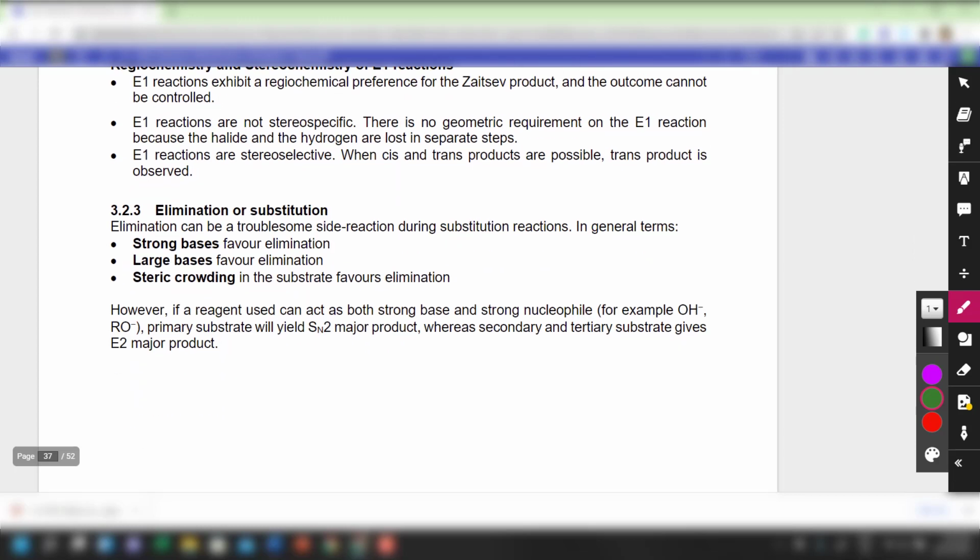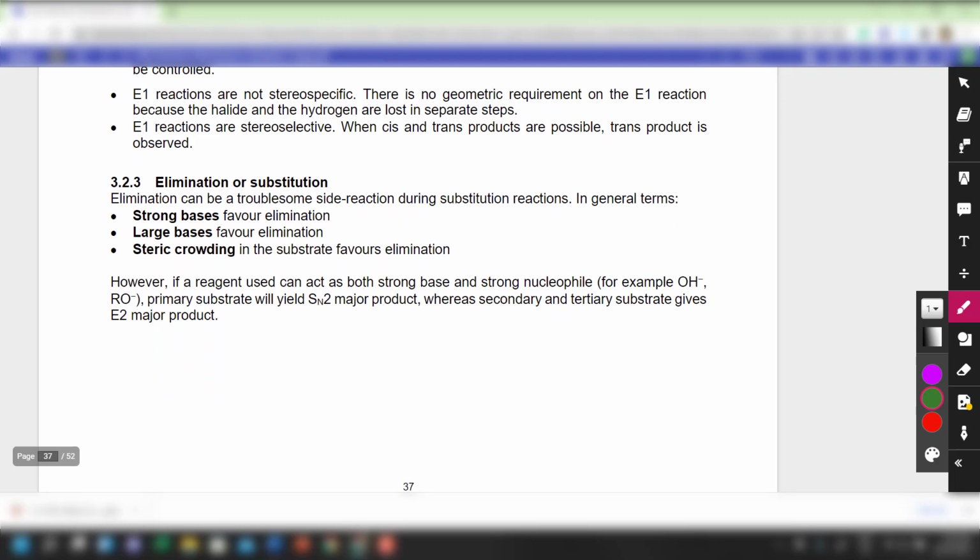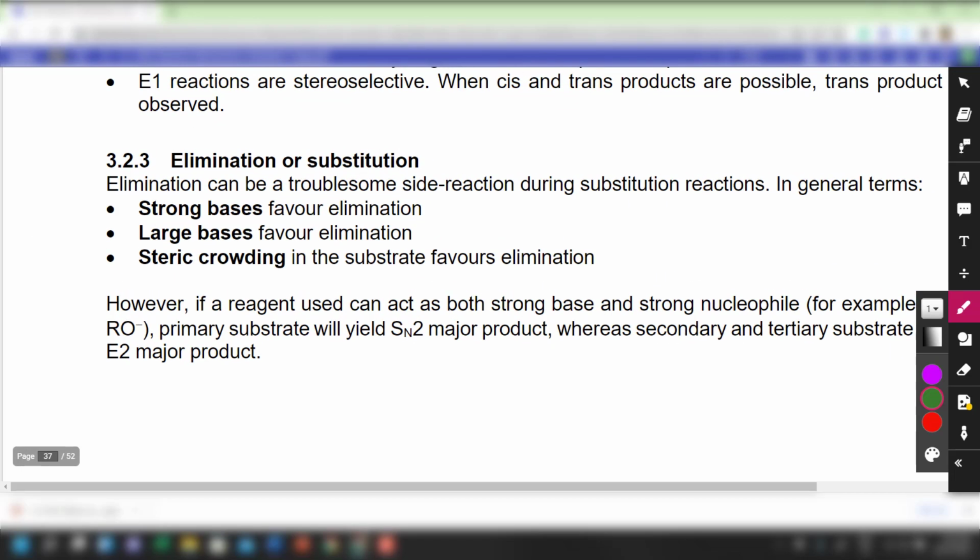Then we have a section on elimination or substitution, which we kind of highlighted in activity 4. A strong base prefers elimination, a large base prefers elimination as well. So large, steric, strong, all this collectively we will call a non-nucleophilic base.